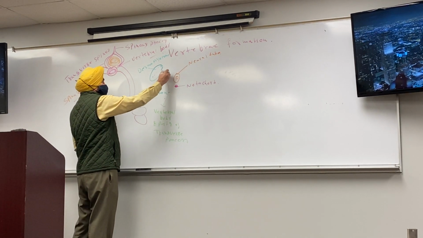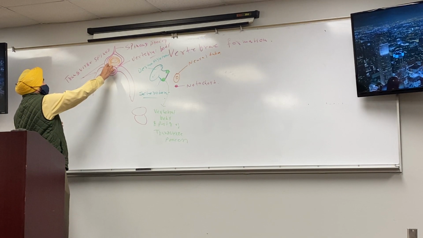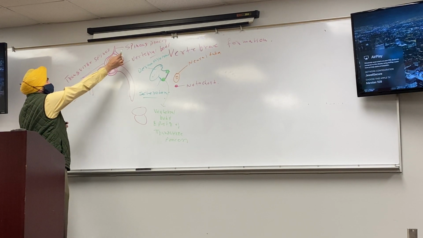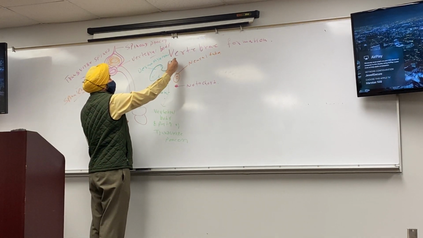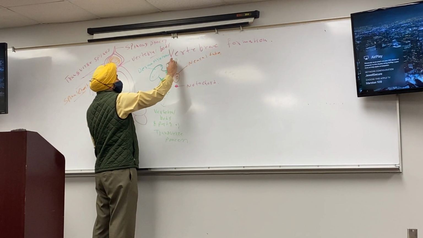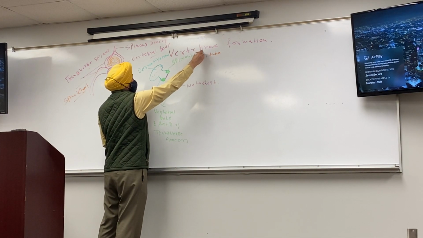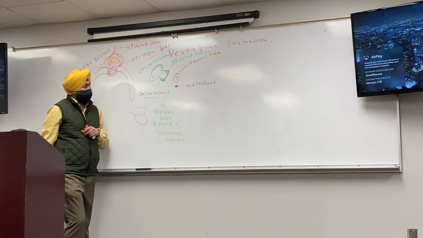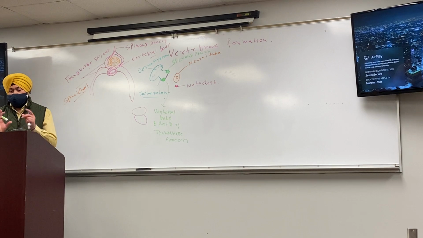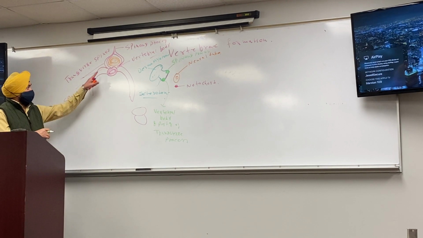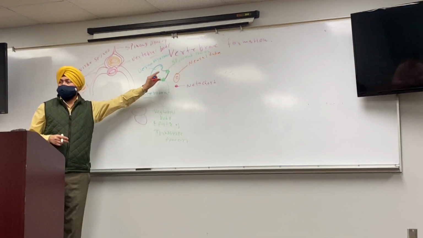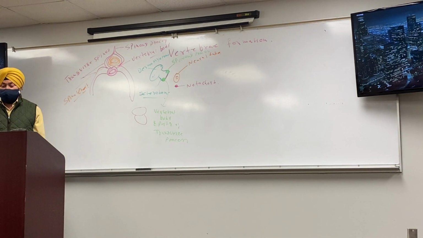And the cells here are going to give this part of the transverse process and the spinous process. Okay. So how is this structure formed from these cells? That's what we want to know.